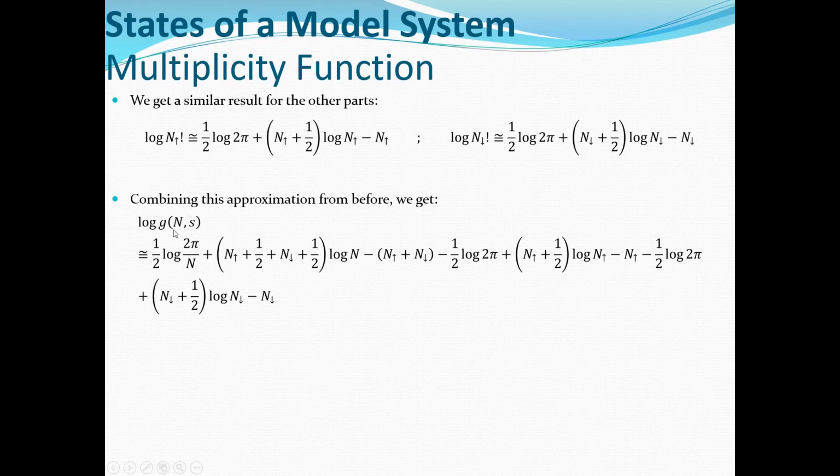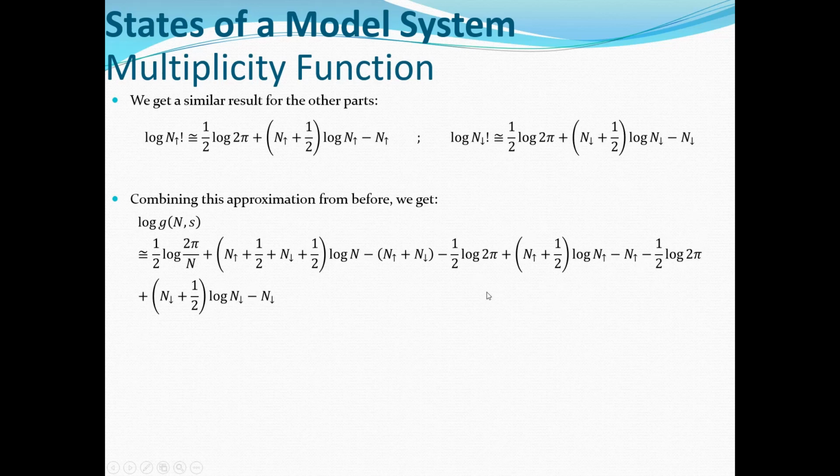Going back to our multiplicity function where we had the log, I know this looks really long and messy, so just bear with me. But we take our first simplified form of the Stirling approximation, plug it in for that log N factorial. Then we have the N up approximation, the N down approximation, all being combined together.